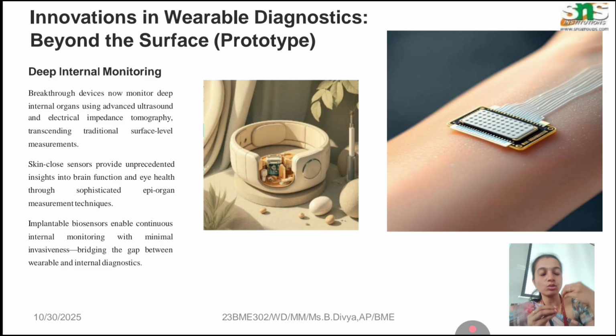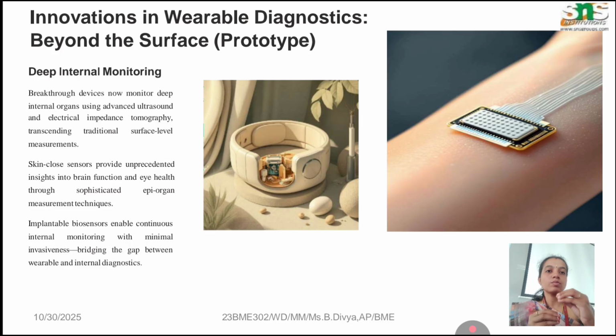Ultrasound is used to diagnose inner issues, so we have a wearable device which is used to analyze the inner issues of the body.